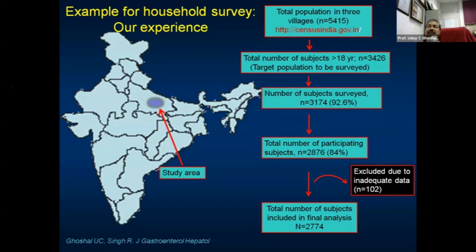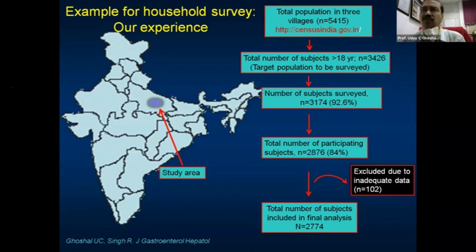But in our case, we went to the census of India, available at http://censusindia.gov.in. The census told us that in these 4 villages we have 5,415 people.